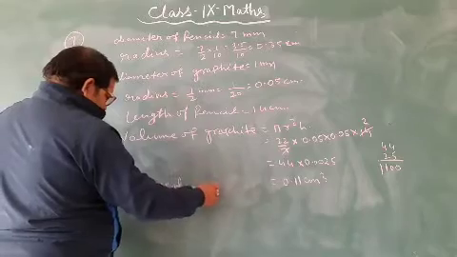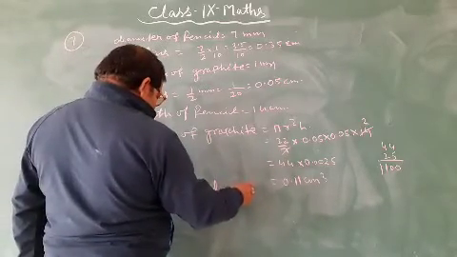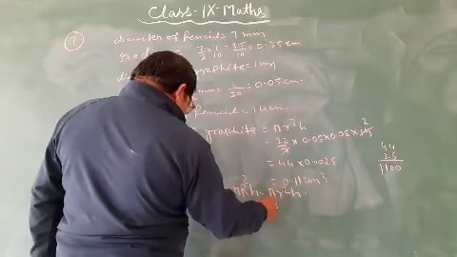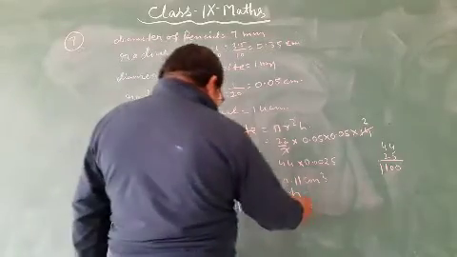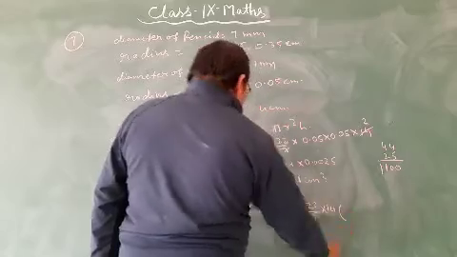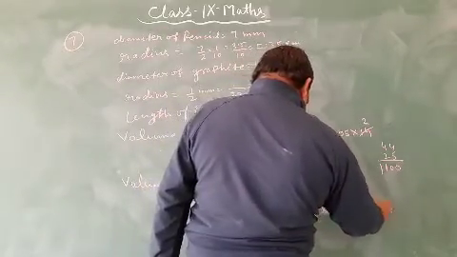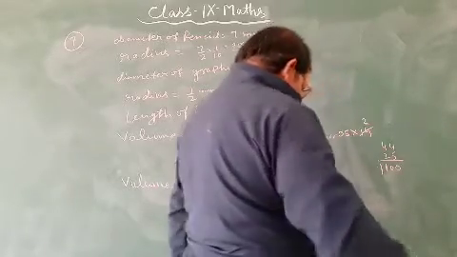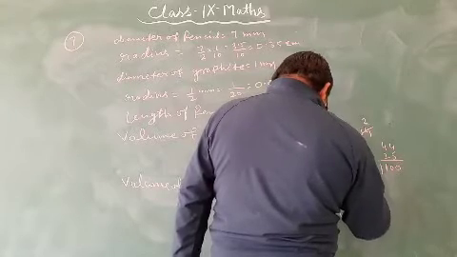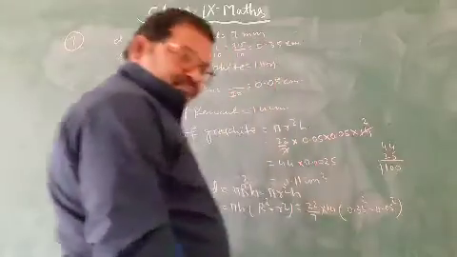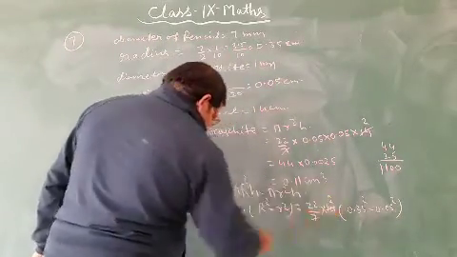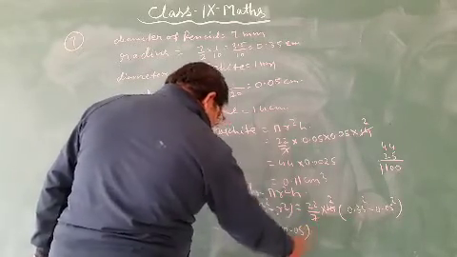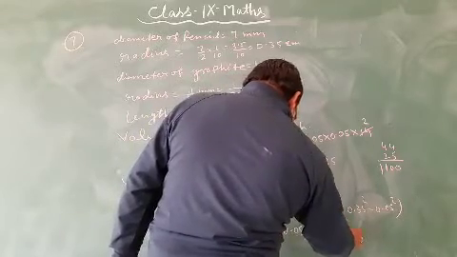And the volume of wood is pi r square h minus pi r square h, so pi h (R square minus r square), that is 22/7 into 40 into (0.35 square minus 0.05 square), which is equal to 44 into (0.35 plus 0.05) into (0.35 minus 0.05).